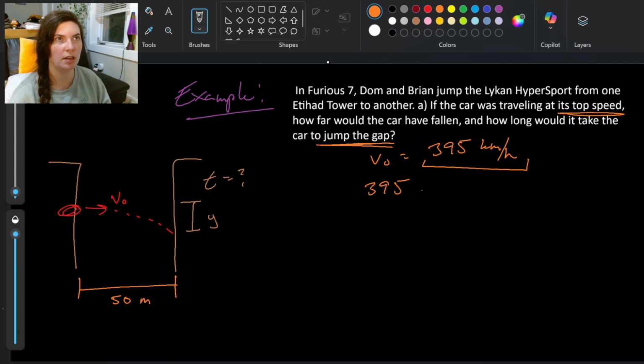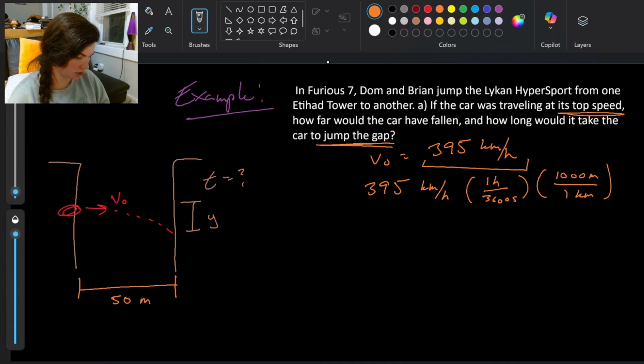So I've got 395 kilometers per hour. In 1 hour, there are 3,600 seconds, and there are 1,000 meters in a kilometer.